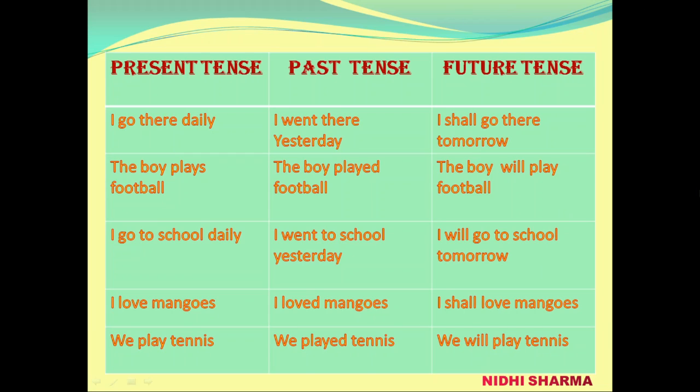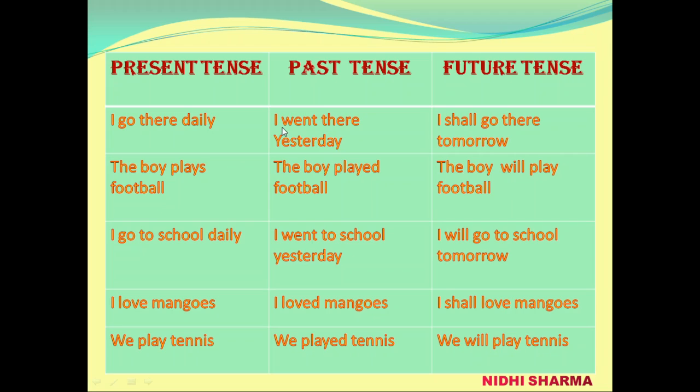Now let us see some more examples. I go there daily. So this is in the present tense. Go is the first form of verb, and daily also tells us that the action takes place regularly. I went there yesterday.